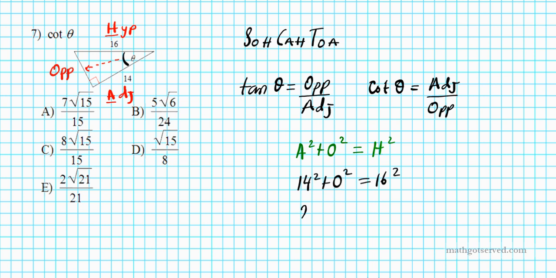14 squared is, actually, I got that reversed. 14 squared is 196 and 16 squared, that's 256. All right, so we're going to go ahead and subtract 196 from both sides.